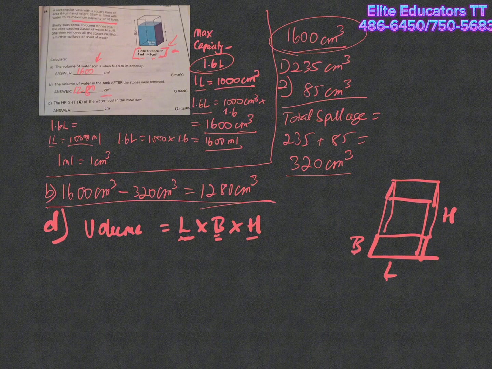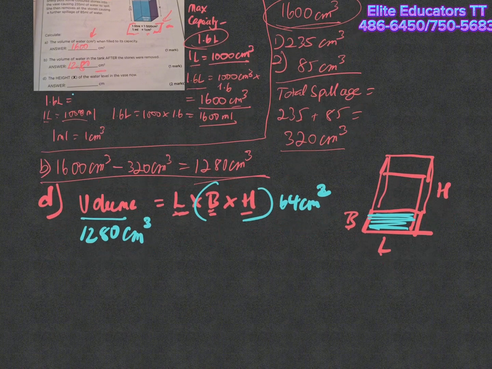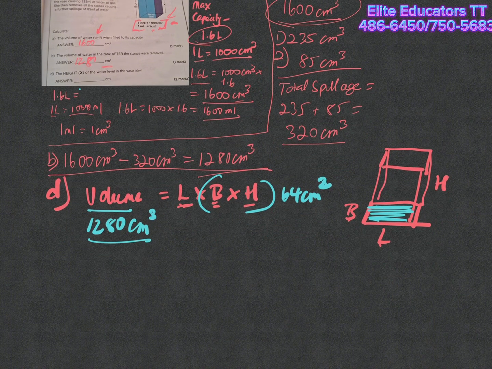Length by breadth will give us the area, and they already told us that the area is 64 centimeters squared. And we have the total volume as 1280 centimeters cubed.